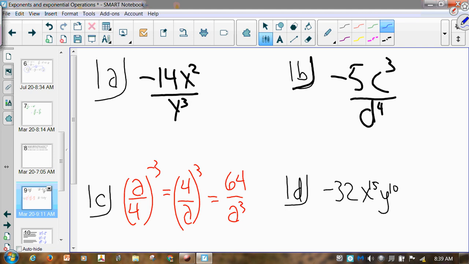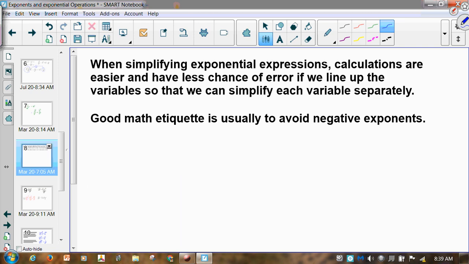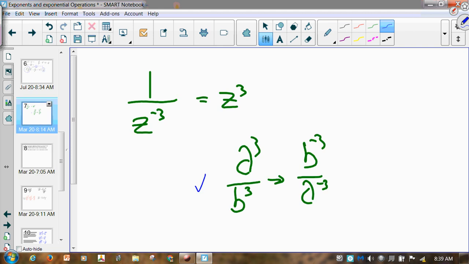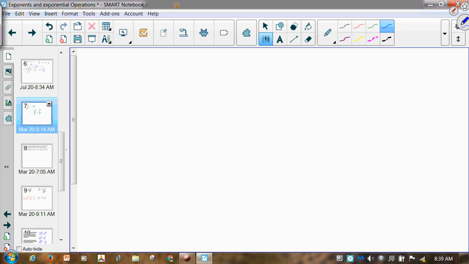Okay, yeah, the next thing I wanted to talk about, okay, before we get to this page, all right, let's go back here. I want to clear this page. I wanted to go over the power rule, okay, the power rule.